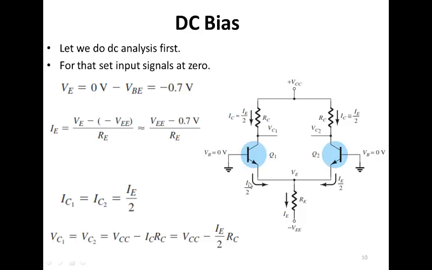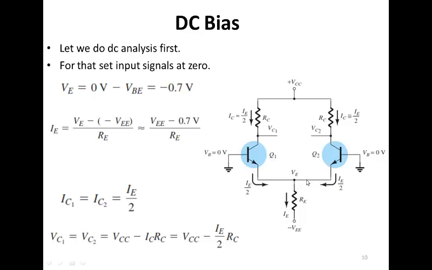If you know IE, you can compute the current in this link and in this link. The currents from this link and this link are added to form IE. So IE is split into these two currents. If these two branches are identical, then the current would be divided in half.